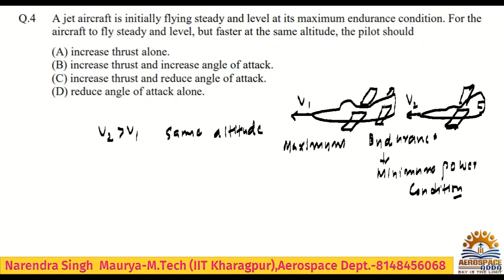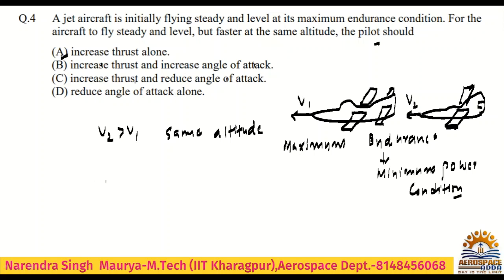Now what should the pilot do? The options given are: increase thrust alone, increase thrust and increase angle of attack, increase thrust and reduce angle of attack, reduce angle of attack only.